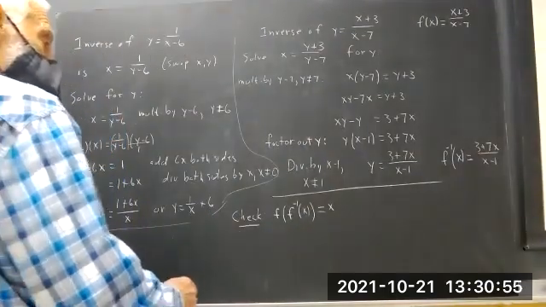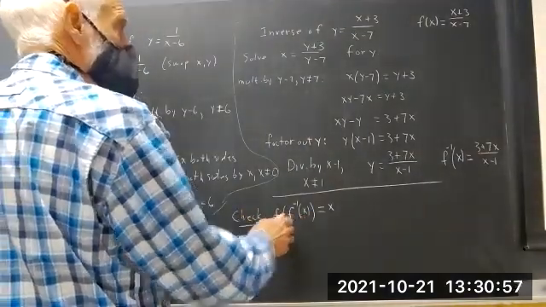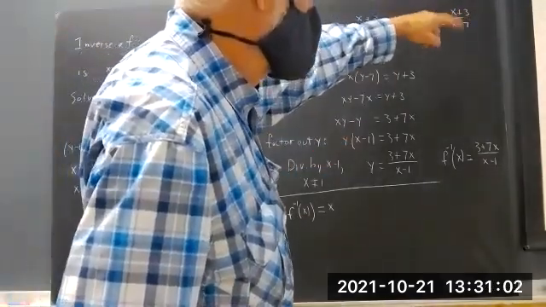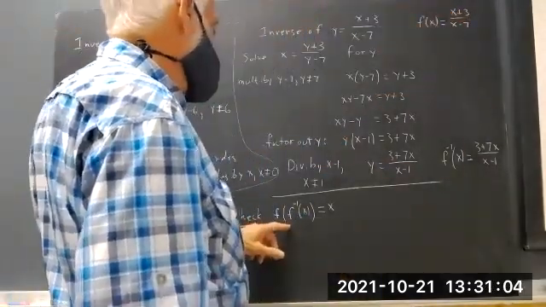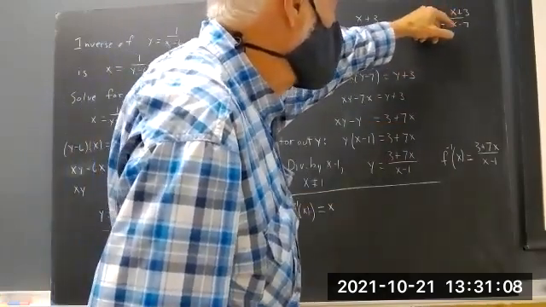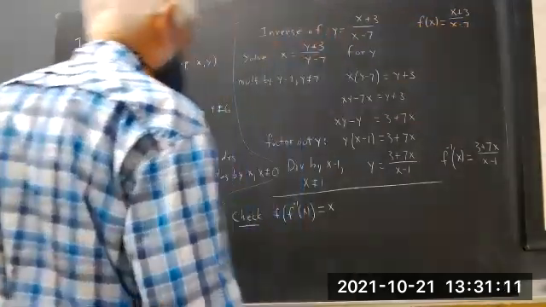Well, f of f inverse of x. f of x is x plus 3 over x minus 7. So f of f inverse of x is f inverse of x plus 3 over f inverse of x minus 7.